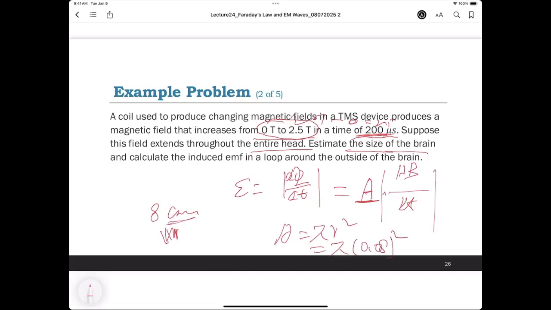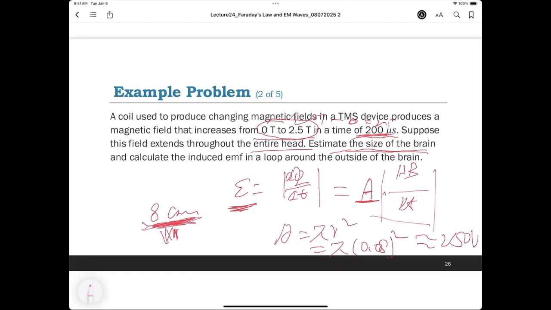You need to change the unit, and then you can use this equation to calculate the induced EMF. It is around 250 volt. That makes sense to you? So here we just estimate the size of our brain, and the radius is 8 centimeter. You can check it online. This is just common sense.